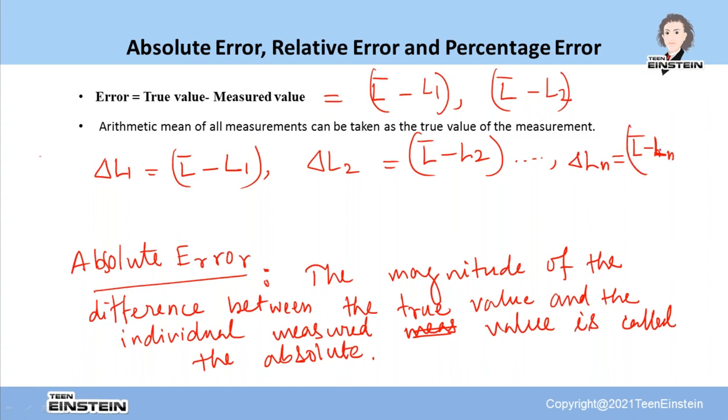This is L n. So these are absolute errors, the magnitude of the difference between the true value and each individual measured value. This is the definition of that which I am writing here.